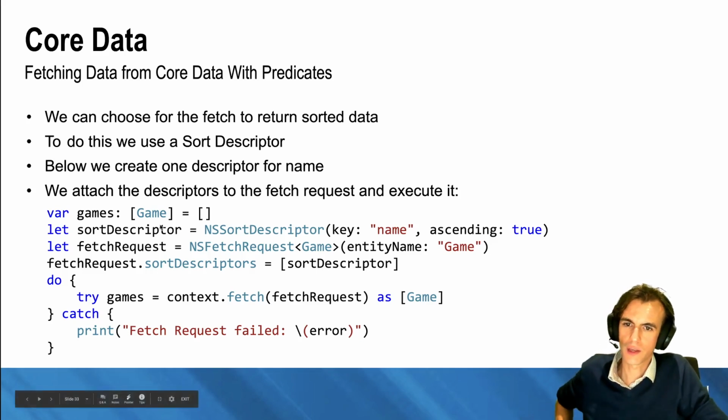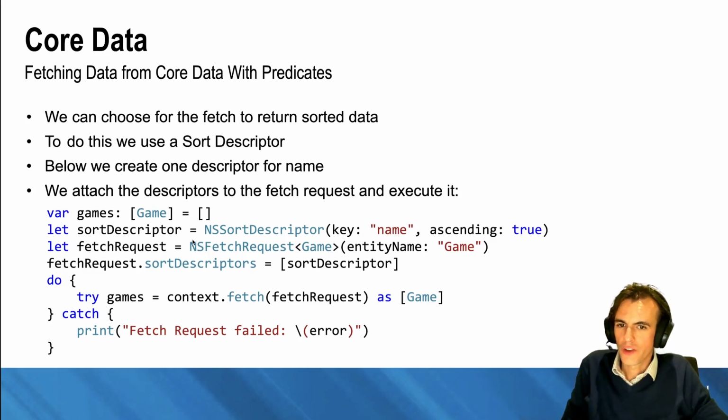So what would this look like? We'll create an NSSortDescriptor. We give it a key, which is name, and you tell it whether you want it to be ascending or descending. And you create the fetch request as you did before. That could be just via that fetch request method of the Game type too. And then it has a property called sortDescriptors.